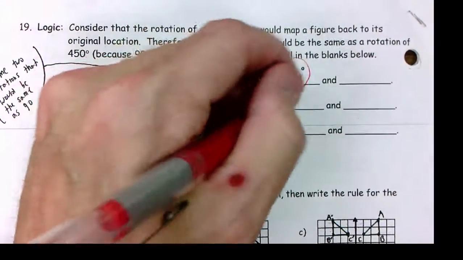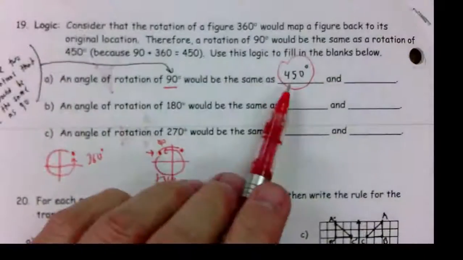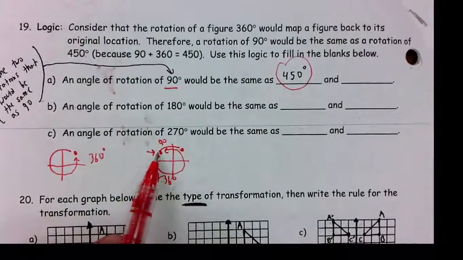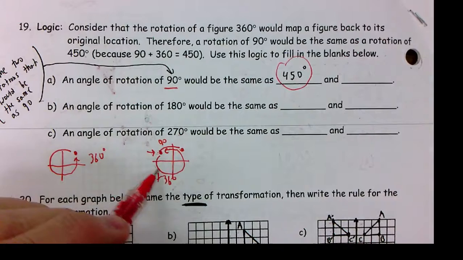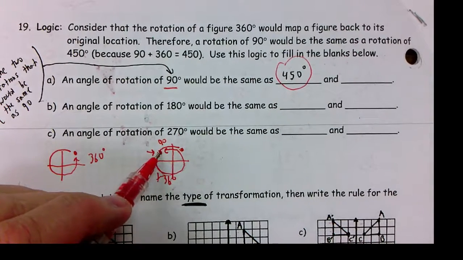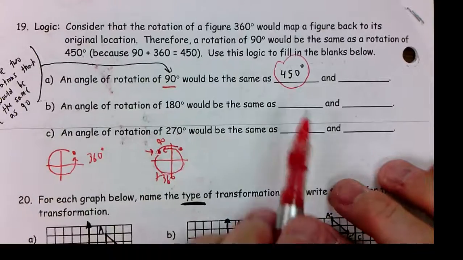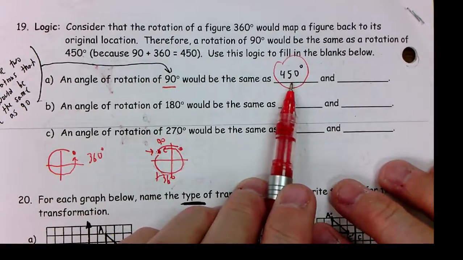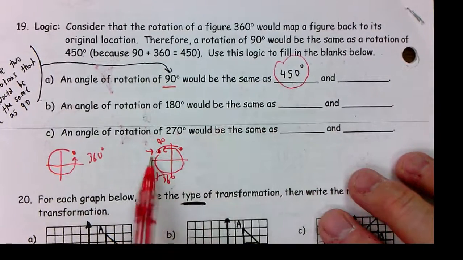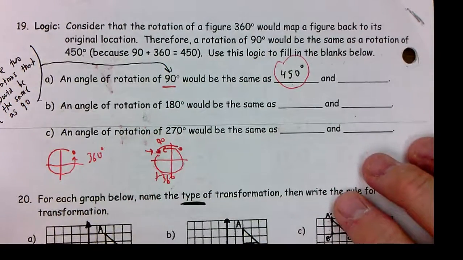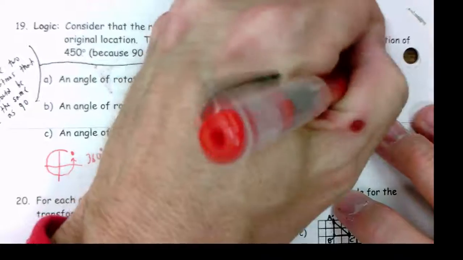So that's where I got the 450 degrees being the same as 90. And you know what? If I added 360 again, it would be the same rotation again. So if I took 450 and I added another 360 to it, I'd still be in the same place. And that would be a 810 degree rotation.